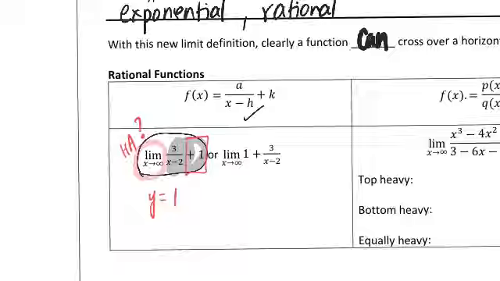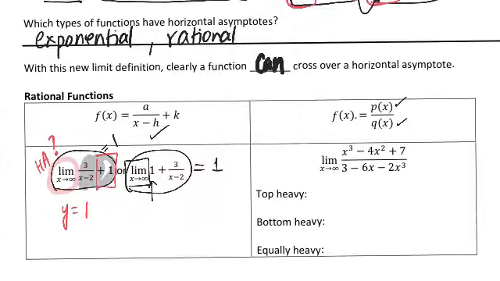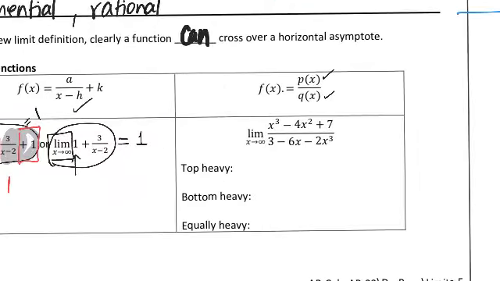Therefore, the answer to this whole limit problem is going to be equal to 1, okay? This is the same problem as the one just written first, right? So for this answer as well, this is talking about a horizontal asymptote, and that limit will be equal to 1, okay?